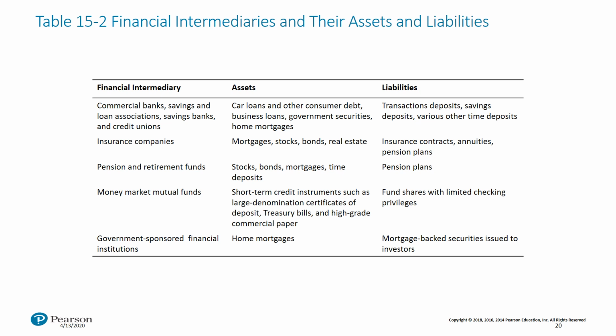In the case of pension and retirement funds, the assets are bonds, stocks, mortgages, time deposits, and the liabilities are the pension plans. In the case of money market mutual funds, the assets are short-term credit instruments such as large denomination certificates of deposit, treasury bills, high-grade commercial paper, and the liabilities are the fund shares with limited checking privileges.